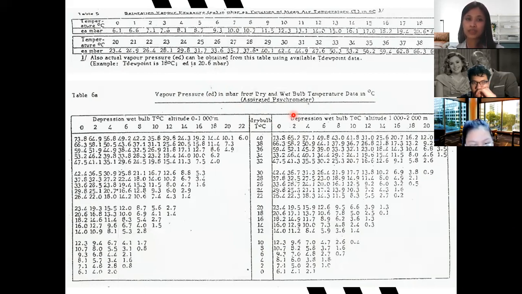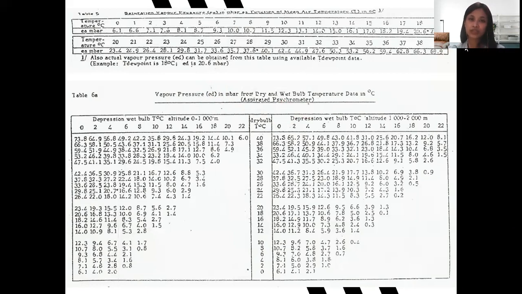It's related to psychrometer reading, and here the data is also related to the altitude of the area, the height of the area. When the area is at low elevation, it will be the left one.